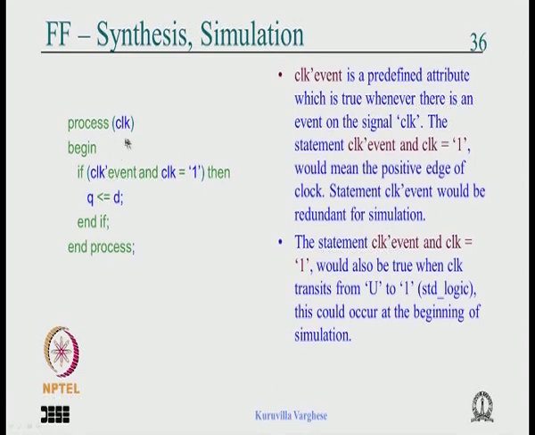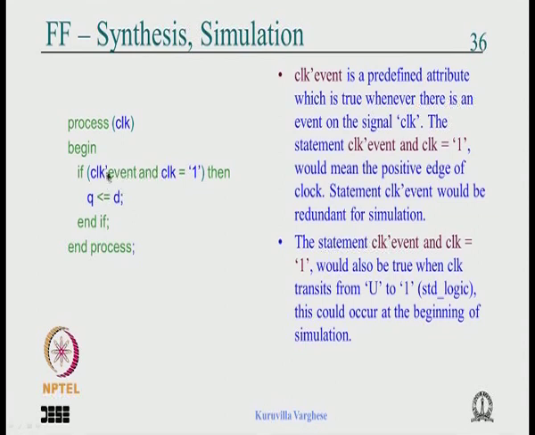But the problem for the simulator is that there is a redundancy: it says if there is an event on the clock, but that is repeated in the code. It is still okay because we cannot do without the sensitivity list. For the synthesis tool, clock tick event and clock equal to 1 takes care of the event on the clock.